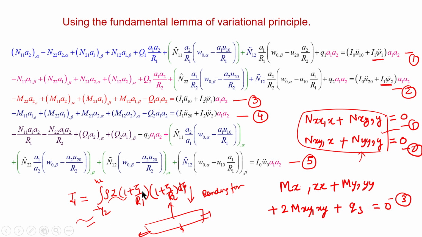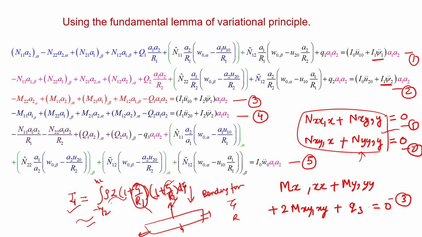If we talk about a thin shell, in the thin shell these terms are neglected, whether you talk about Sanders theory or Love-Kirchhoff shells. Generally they do not consider this effect because thickness is small and radius is very large, so compared to 1 these are negligible.